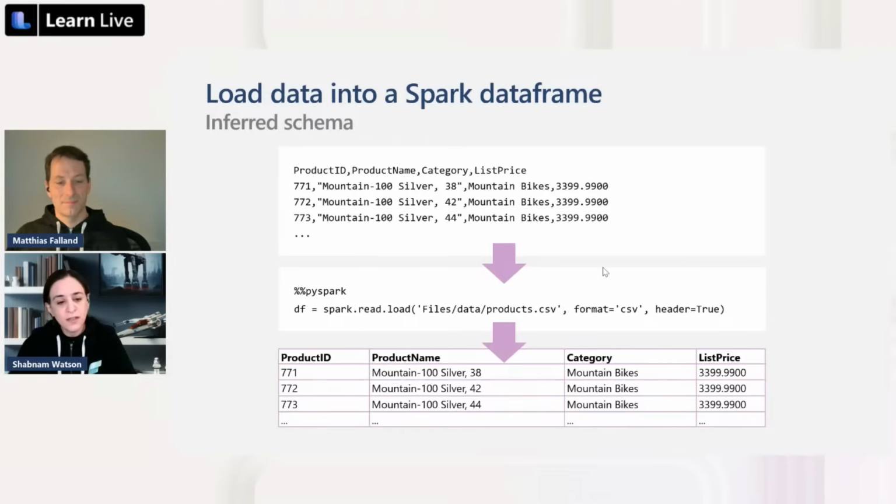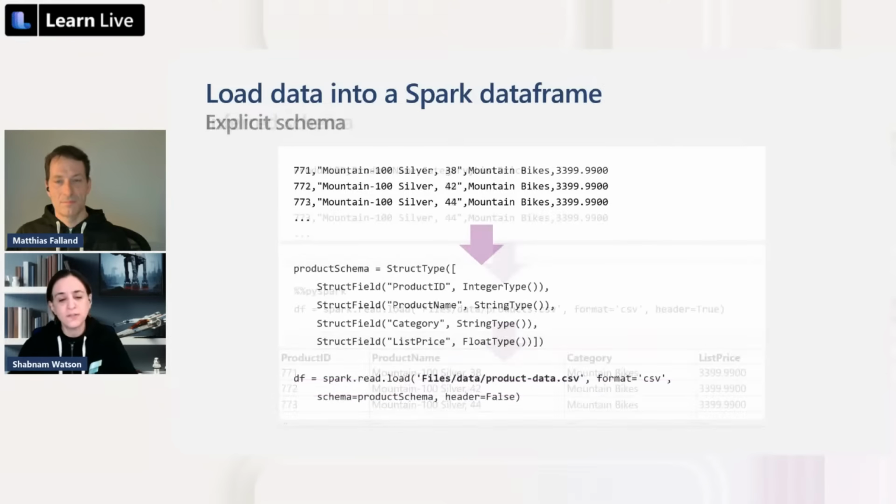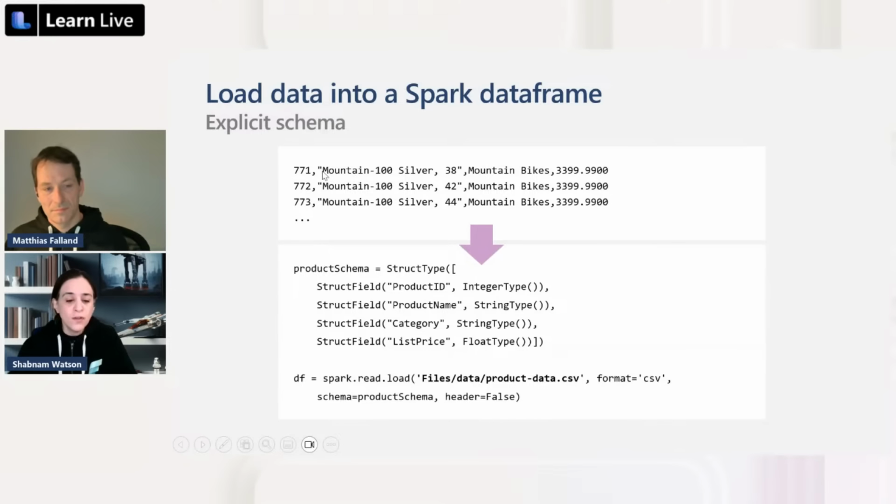In this scenario, Spark is actually inferring the schema. We didn't give it the actual schema, but if you need to specify a schema, you also have that option. So let's assume that you have a file very similar to before, but this time you don't even have any headers. So before you load this into a data frame, what you can do is define a schema, by the code that you see on the screen, this is very simple.